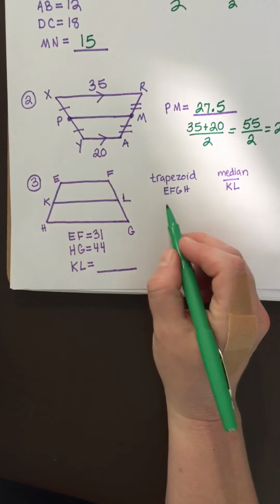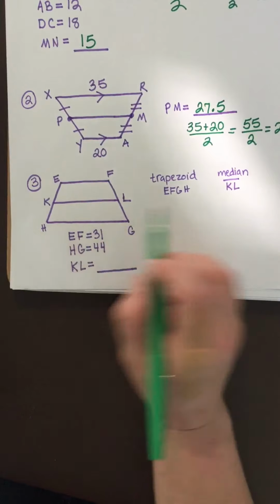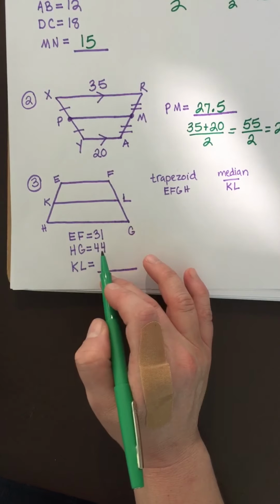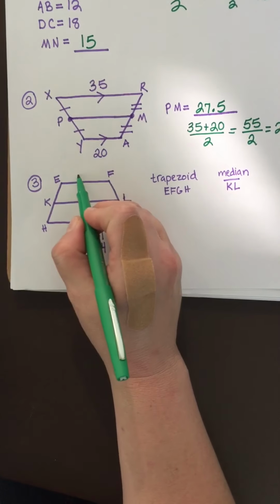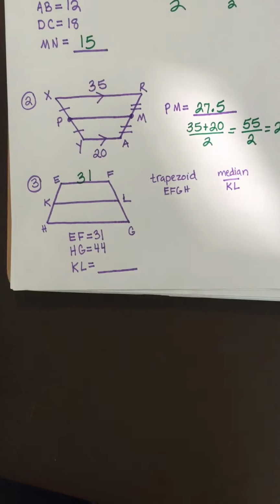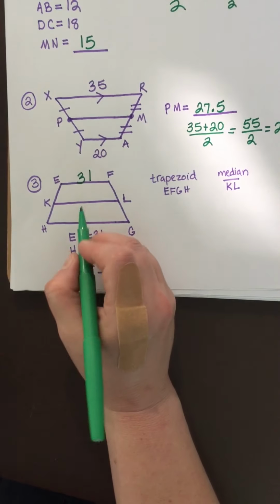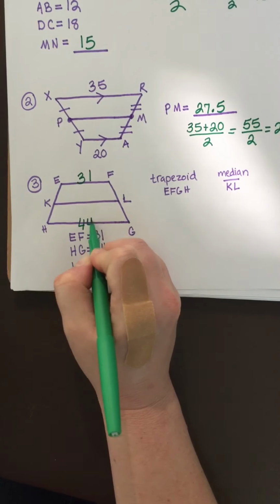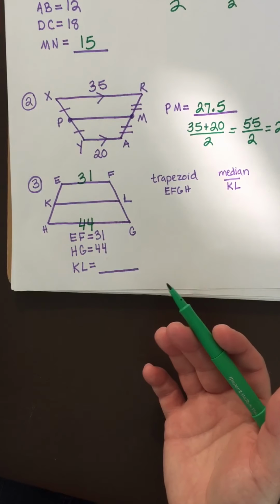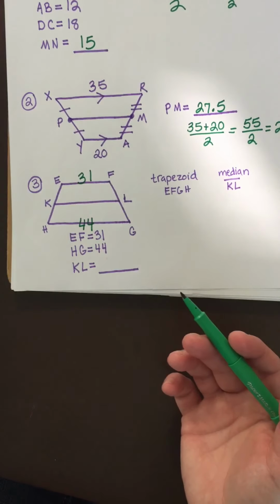All right, one more, okay? It says we have trapezoid EFGH, and it lets us know that KL is a median. I'm going to label up these figures it gave me. So EF is 31. I mean, it's 31 units. Could be centimeters, could be feet. HG is 44. And it wants me to find the length of the median. So how do we do that? 2 simple steps.